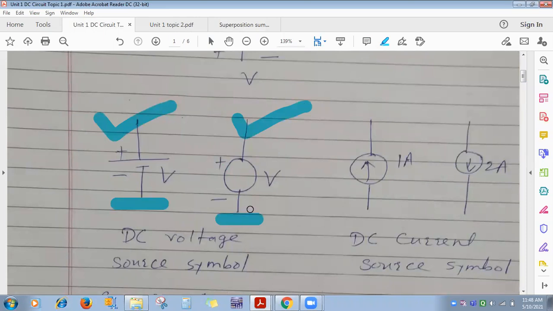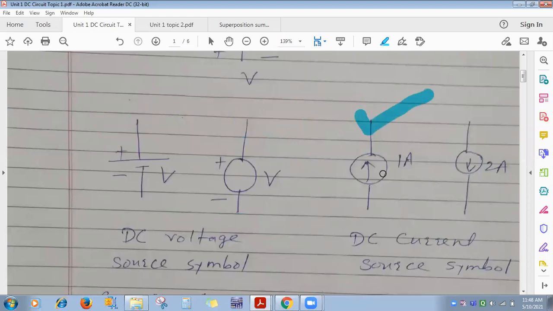For DC current source, this is the symbol you can use. Here the arrow is upward, meaning current will flow in the upward direction. Here the arrow direction of this DC current source is downward, meaning current will flow in this downward direction.